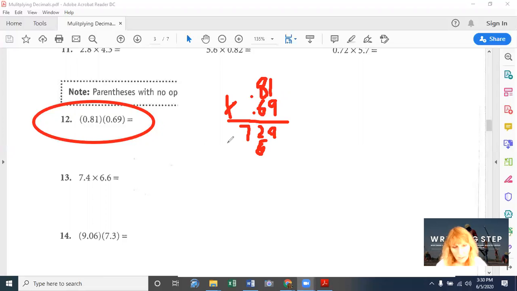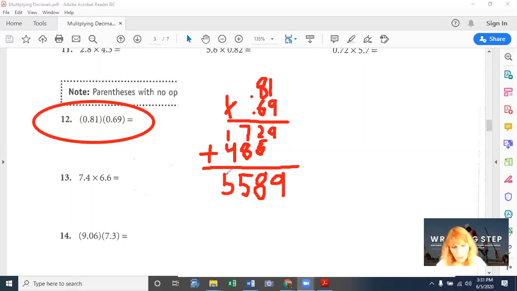And then 6 times 8 is 48. So we get 9 plus nothing is 9. We get 6 plus 2 is 8. We get 7 plus 8 is 15. Carry the 1. 4 plus 1 is 5.